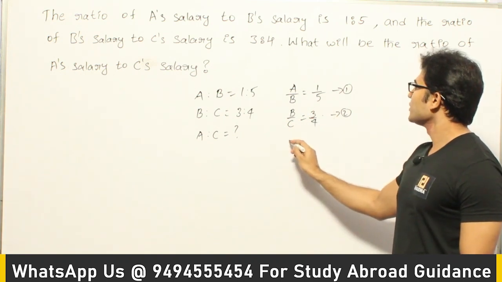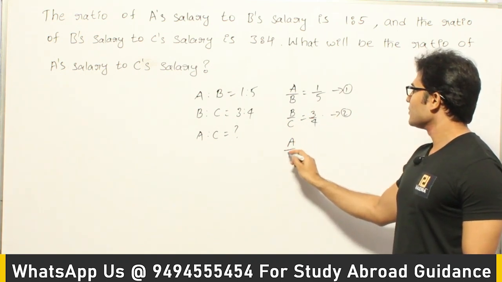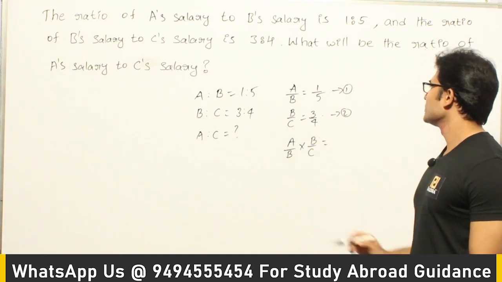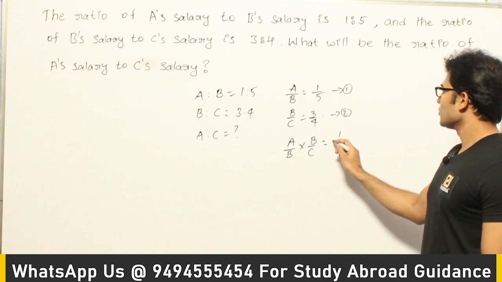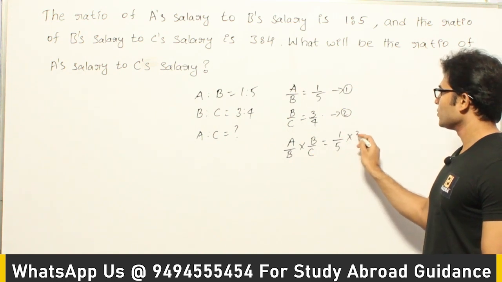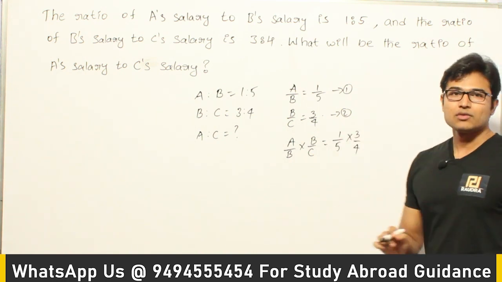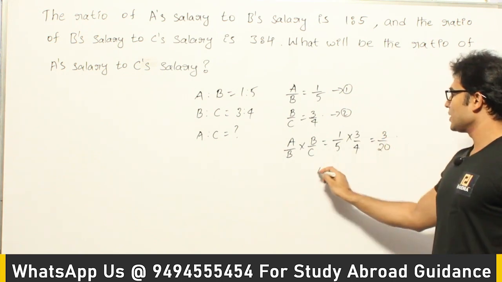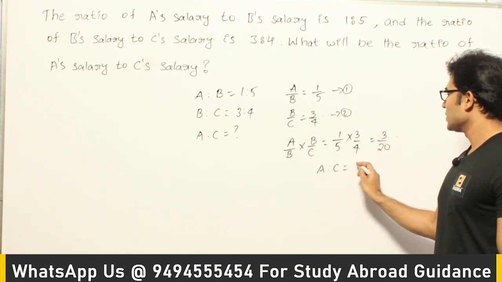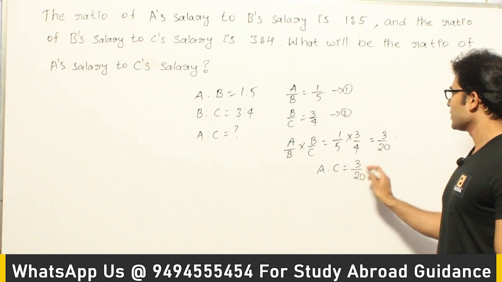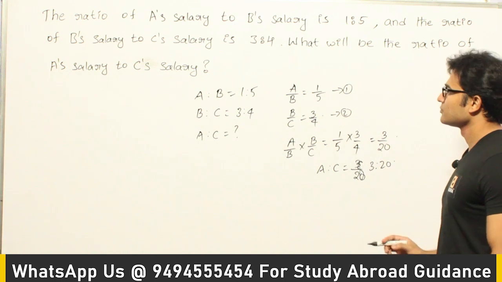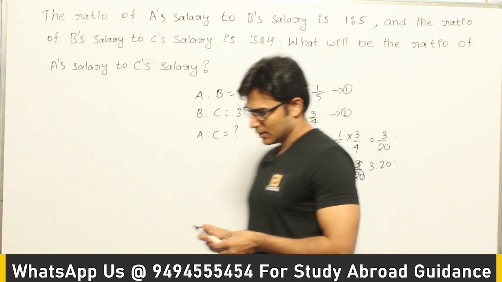Then I am going to get A by B into B by C is equal to 1/5 into 3/4. So I am going to get it as 3/20. Therefore A is to C ratio is 3:20. Right, as 3:20. Got it?